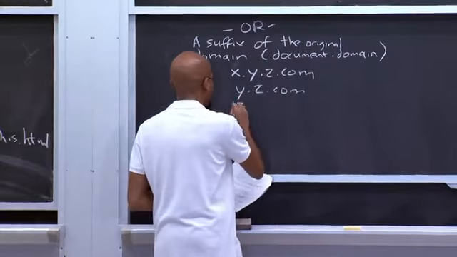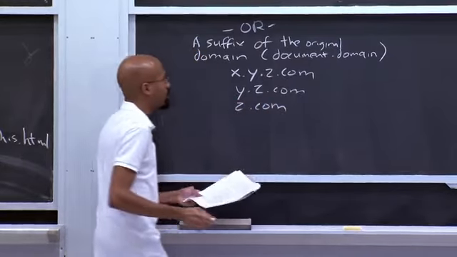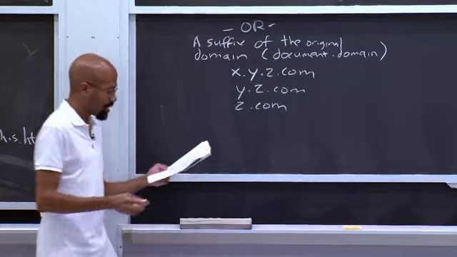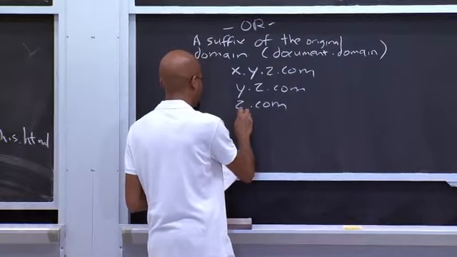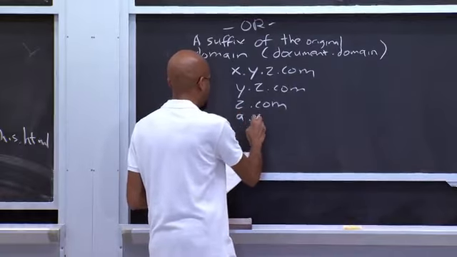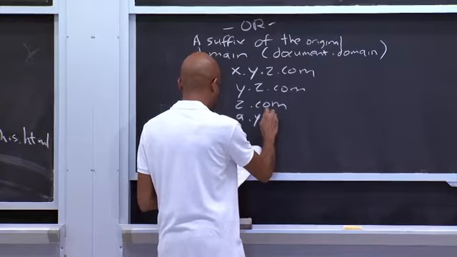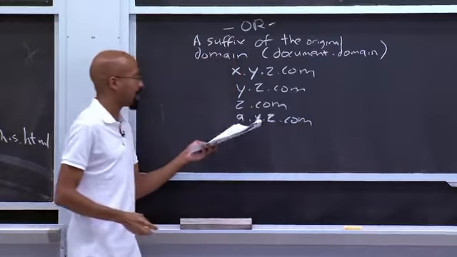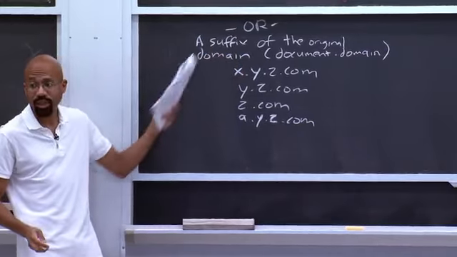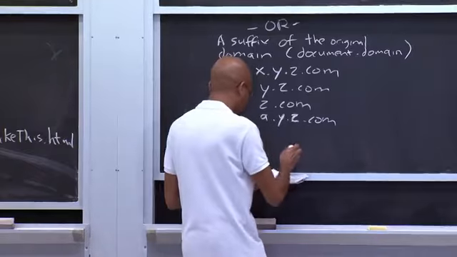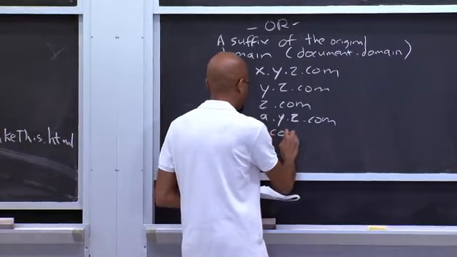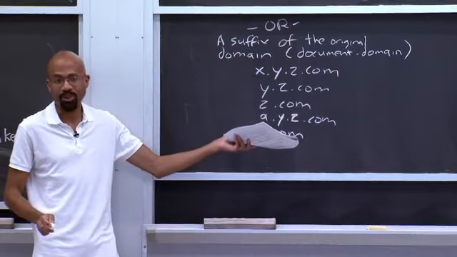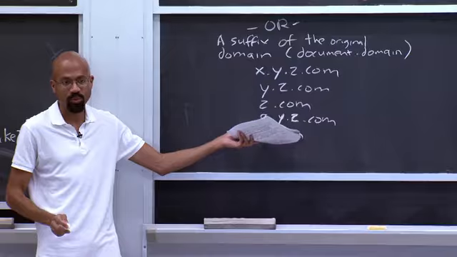And then similarly, it could also set document.domain to z.com and effectively reset its origin like that. Now, what it cannot do is set document.domain to a.y.z.com. That's disallowed because this is not a proper suffix of the original origin. And also, it cannot set its suffix to .com. So does anyone have any theories about why this is a bad idea?